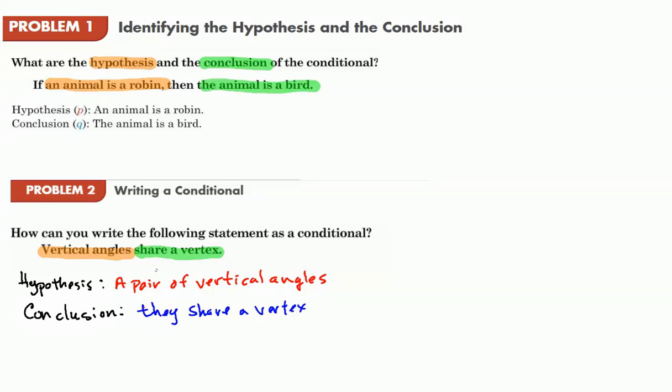Now what we're going to do is turn this hypothesis and conclusion into the if and then. So we're going to write the following. If, now substitute, in this case, the hypothesis.